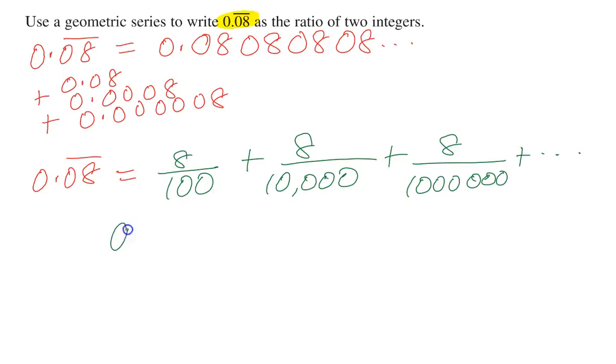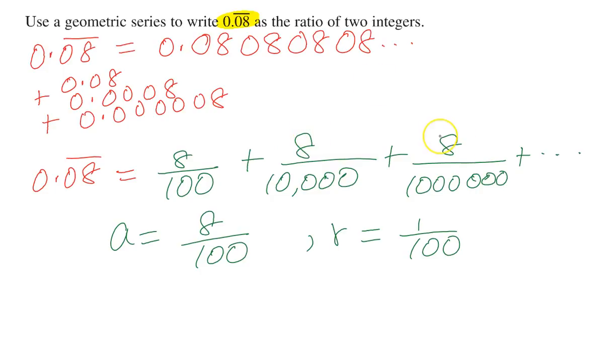What is the first term here? First term is 8 over 100. What is the common ratio? What number are you multiplying by each time to generate the next? Aren't you multiplying by 1 over 100 each time? Okay?